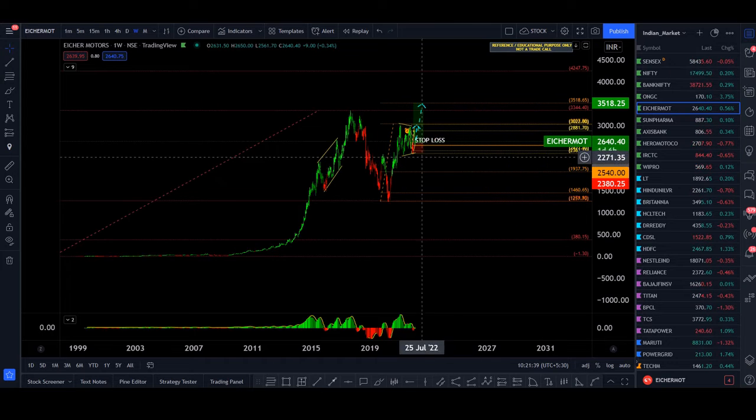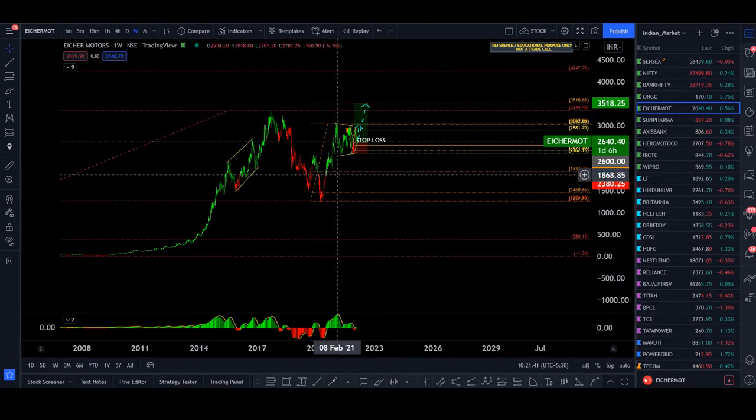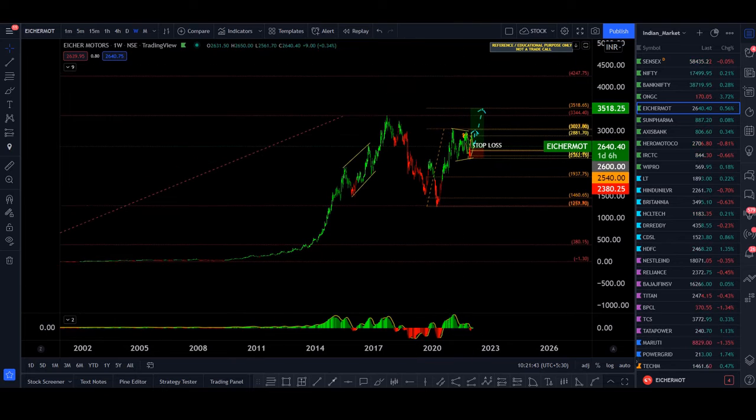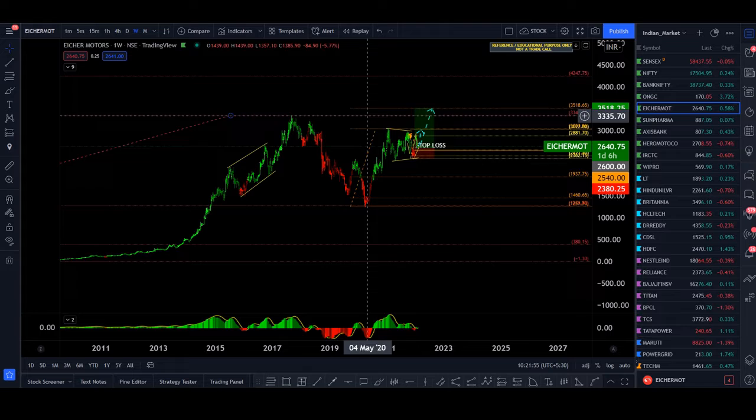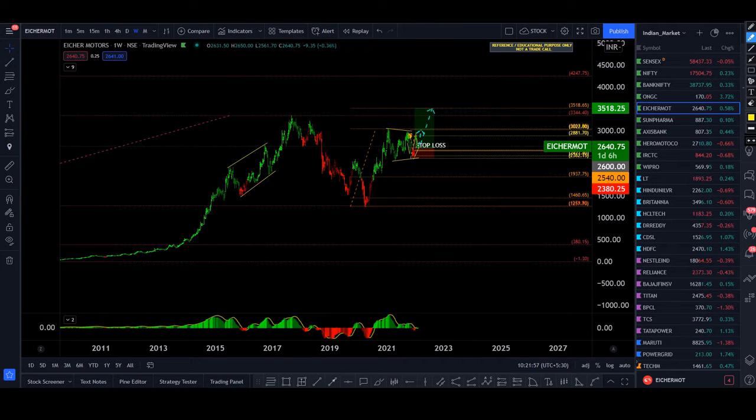So in this chart we are in the B wave, and if you have seen, the A wave has completed the retracement, and the B wave is very impulsive up, so we are not expecting it to come down at this point. Now it is also doing a consolidation for a further move up.